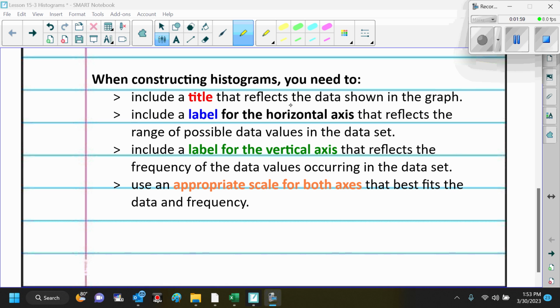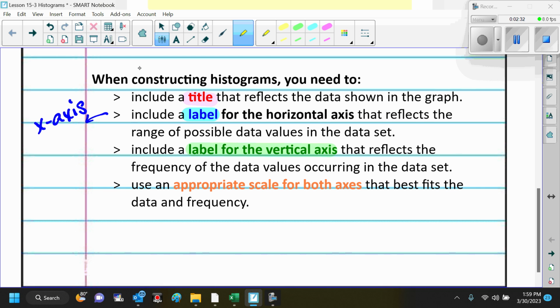Now, when constructing histograms, you need to include a title that reflects the data shown in the graph. You also have to include a label for the horizontal axis. Now remember, that horizontal axis, that is the x-axis. Don't forget about that, okay? Then we want to include a label for the vertical axis.